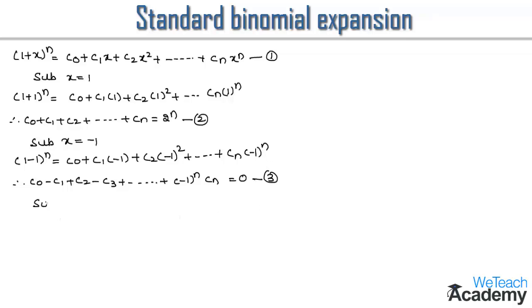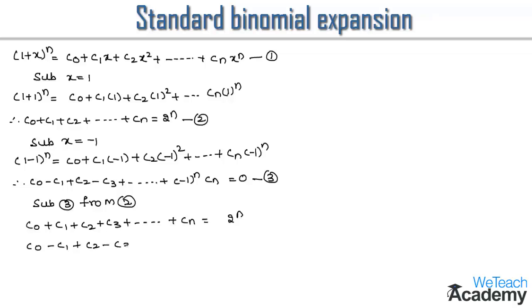Now let us subtract equation 3 from equation 2. First let us write over here equation 2, which is C0 + C1 + C2 + C3 plus so on, plus Cn is equal to 2^n. Now let us subtract equation 3 from this equation. We have equation 3 as C0 minus C1 + C2 minus C3 plus so on, plus (minus 1)^n into Cn is equal to 0.